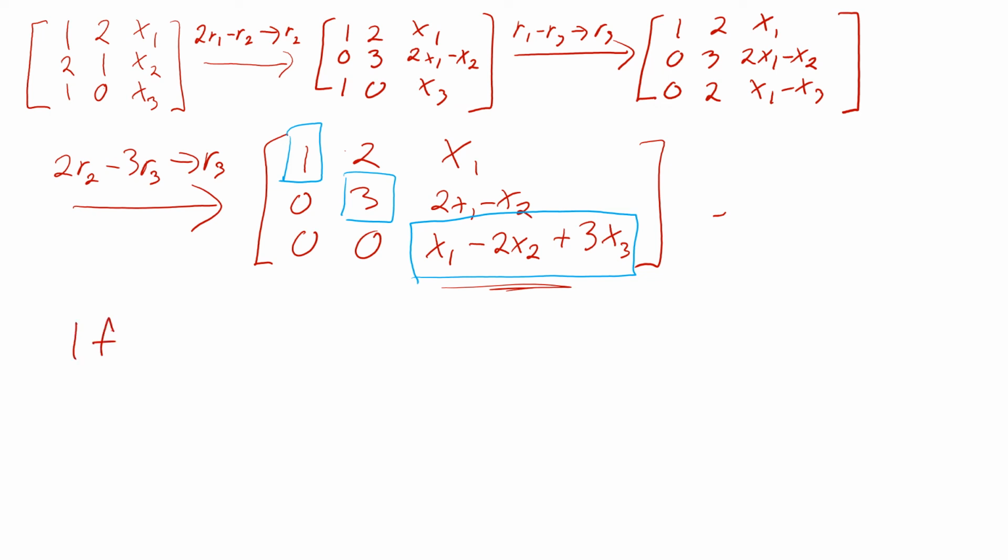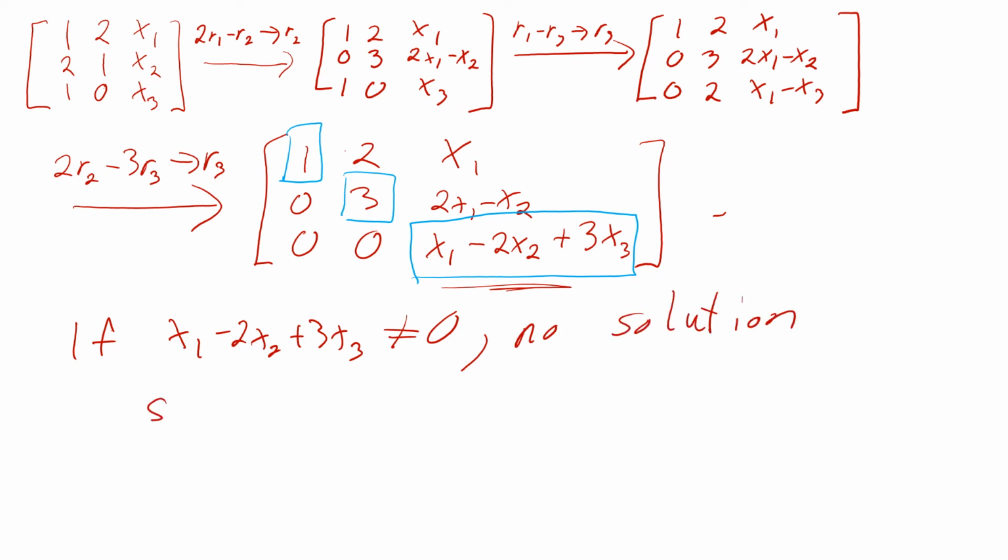So if x1 minus 2x2 plus 3x3 is not equal to 0, there is no solution. And it's very easy to get that. So T is not onto. There are vectors in R3 that I can't reach. My range is not equal to my codomain. That means that my transformation is not onto.